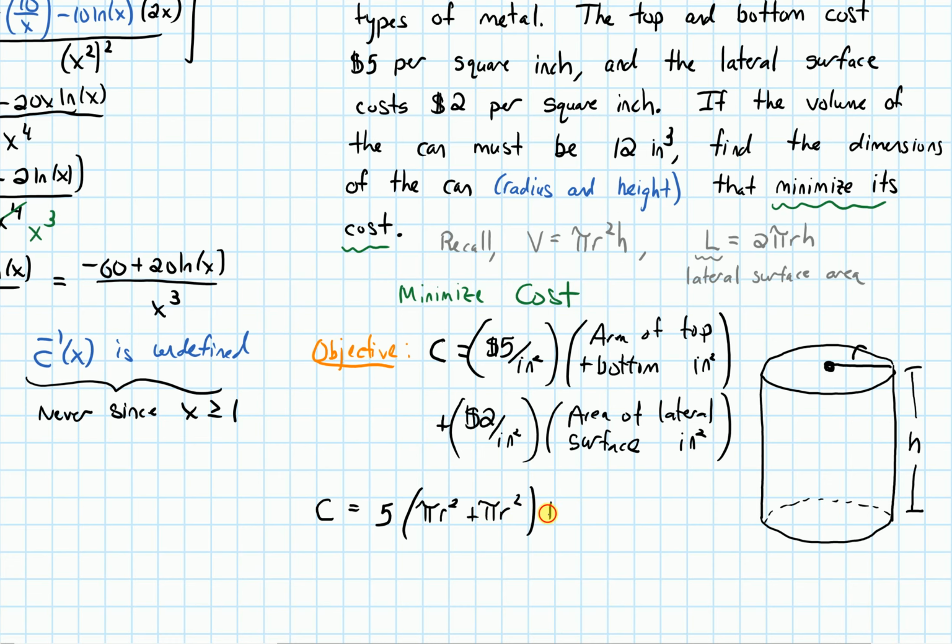Then plus 2 times the lateral surface area, which is 2 pi r h. Simplifying, we get C equals 10 pi r squared plus 4 pi r h. That's our objective equation.